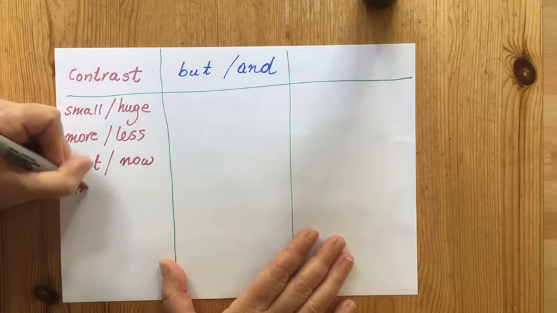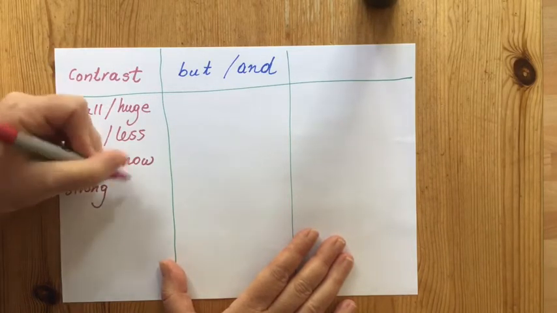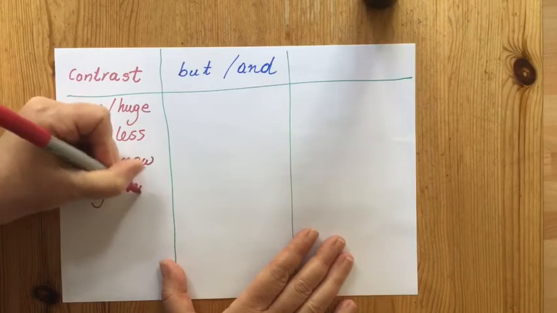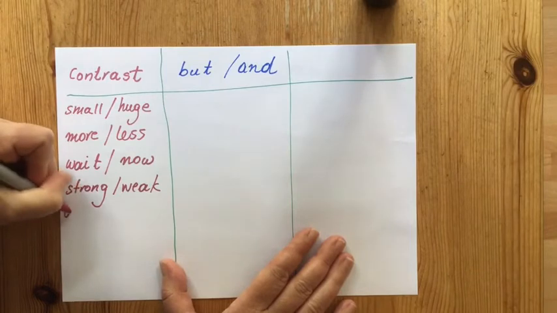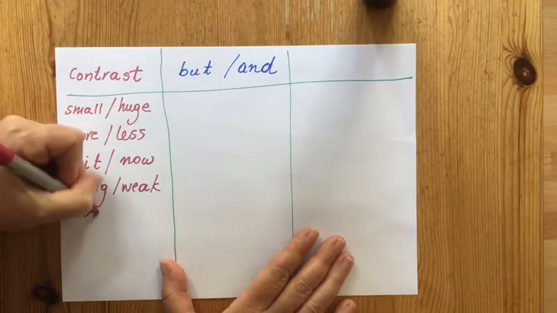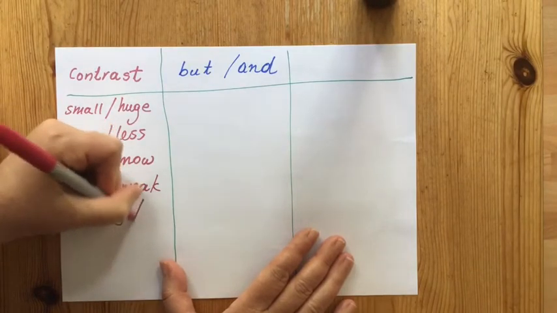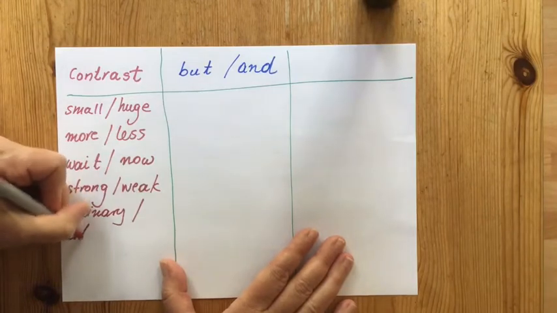The idea of strong and weak, ordinary and extraordinary.